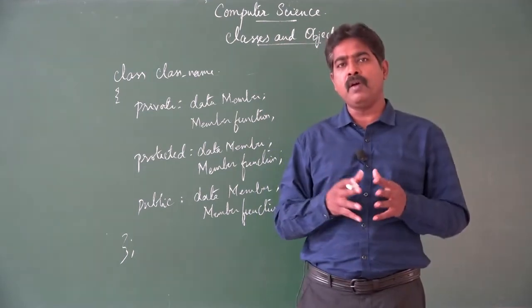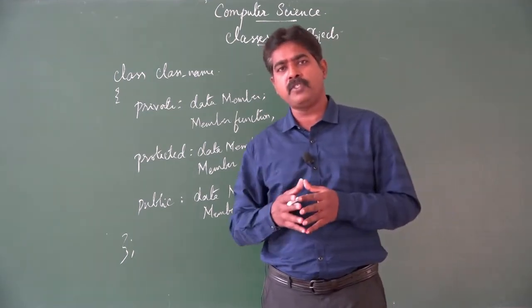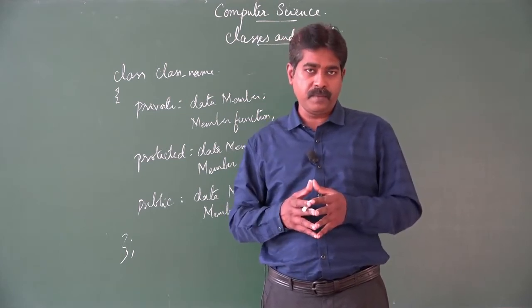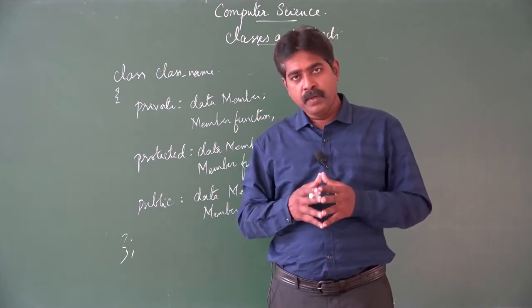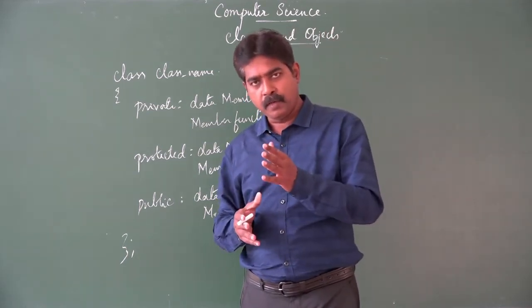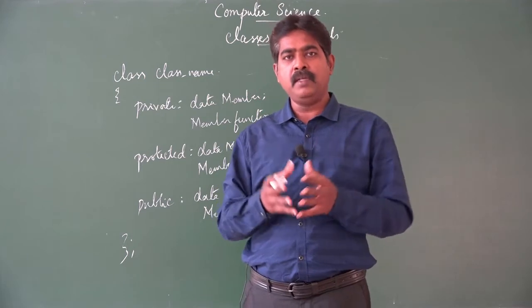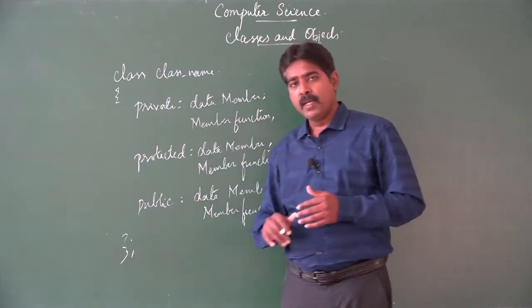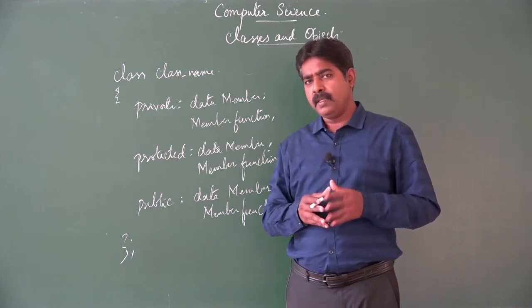So we will be working on the outside class definition, and I would like to take the same example of simple interest. In the simple interest, we know that principal, time, rate of interest are the data members that we took under private. Private also signifies data hiding.